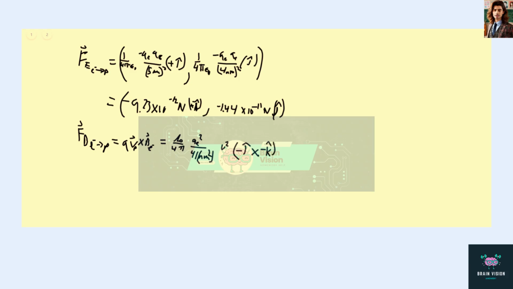And so that comes out to negative i hat. Actually, it just comes out to i hat. So then one of these was negative. So we get 3.38 times 10 to the negative 17 newtons in the negative i hat direction. So this cross product comes out to be positive i hat, but we have a negative here, so it's negative i hat. And does this meet our expectations?